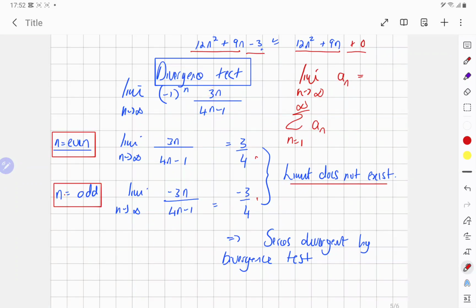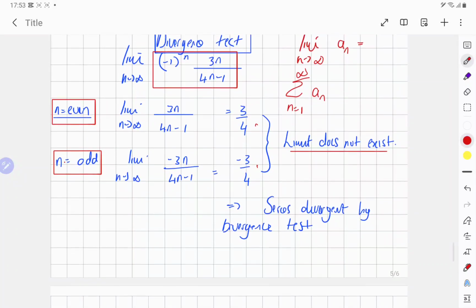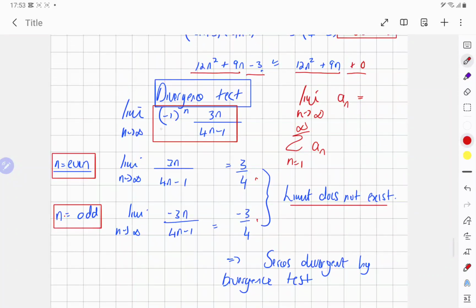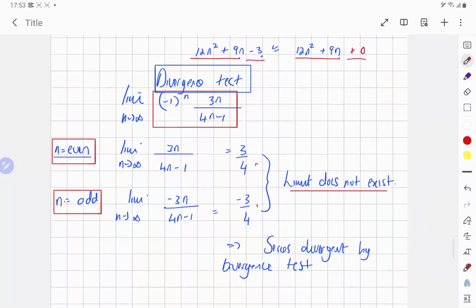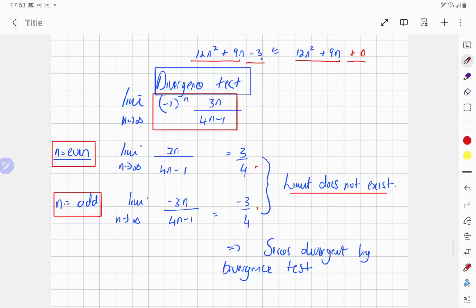No, remember we are doing the divergence test where we take the whole term from the series. But now, we haven't had a limit like that before with the minus 1 to the n. Please do not make the common mistake of assuming it is L'Hopital. No, because of the minus 1 to the n, you cannot use L'Hopital.